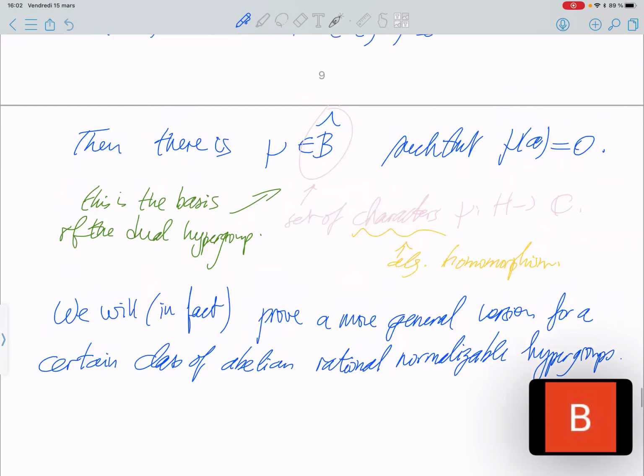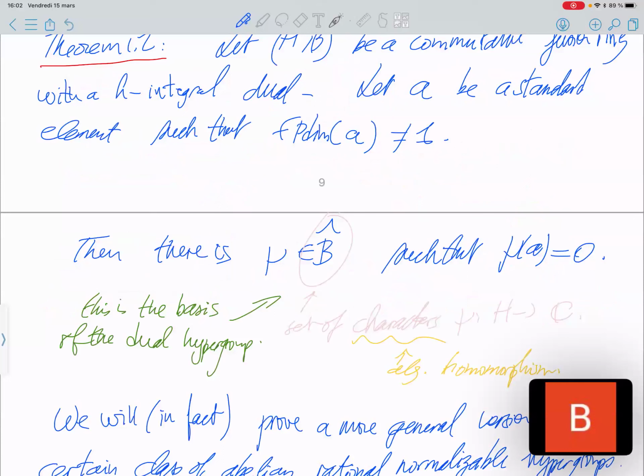A group-like element corresponds, for a character table of a group, to a character of degree 1, a linear character.